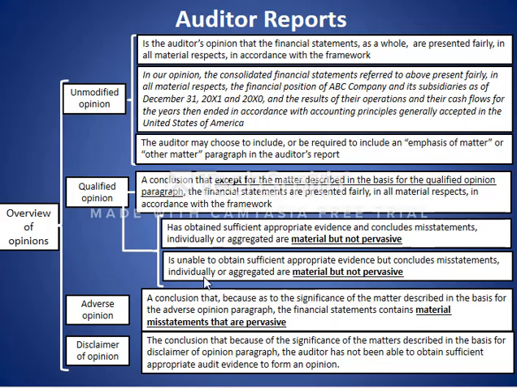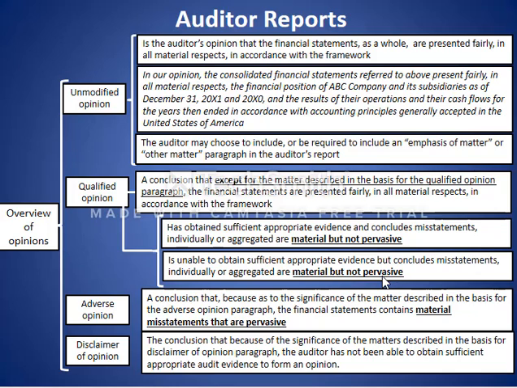Okay, then the second instance of issuing a qualified opinion, and sometimes this is a little bit harder to understand, is basically when the auditor is unable to obtain sufficient appropriate evidence. In other words, they can't prove it, but the auditor is going to conclude misstatements individually or aggregated are material but they're not pervasive.